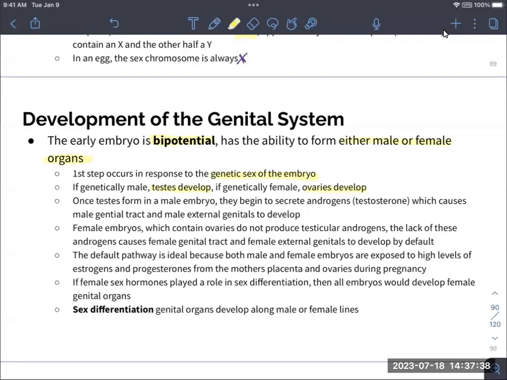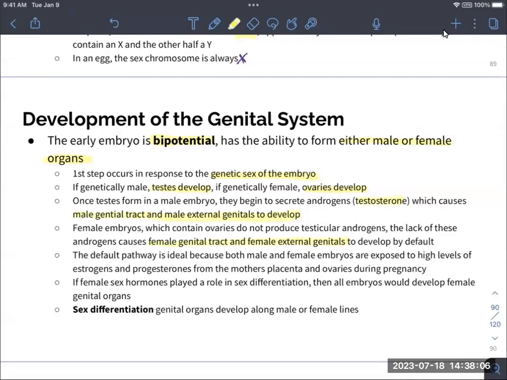Once the testes start to develop, they start to secrete testosterone. That testosterone is what will form the male genital tract. The male external genitals will also develop. In females, the ovaries develop because there's no testosterone. This is what causes the female genital tract and the female external genitals to develop by default.